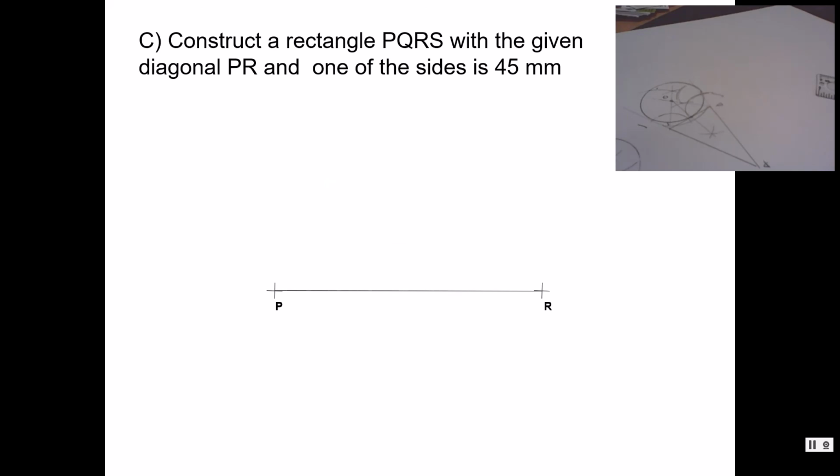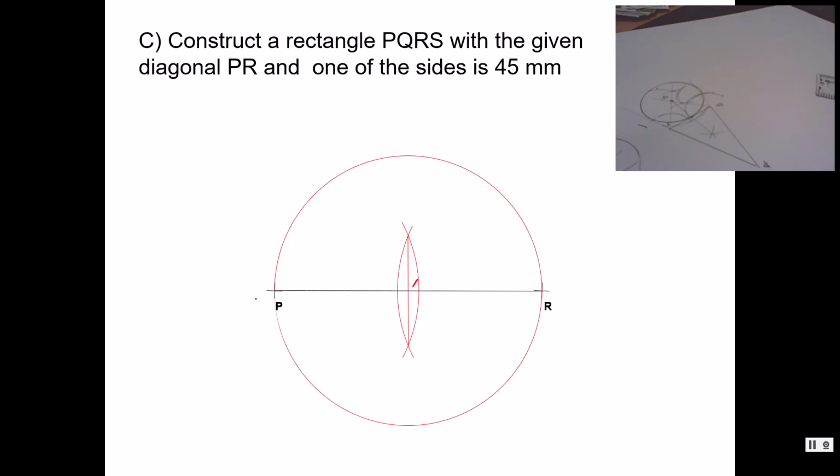Okay, 3. Construct a rectangle PQRS with the given diagonal PR, and one of the sides is 45 mm. Again, you bisect the line first, cut it into half, and then you got the point. You draw a circle. You got the middle point, the center point here.